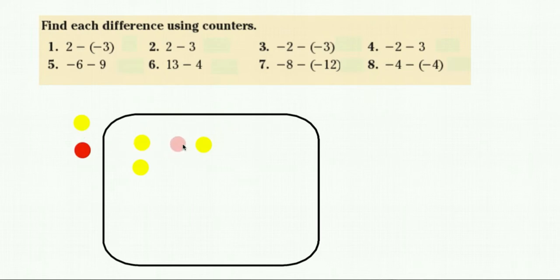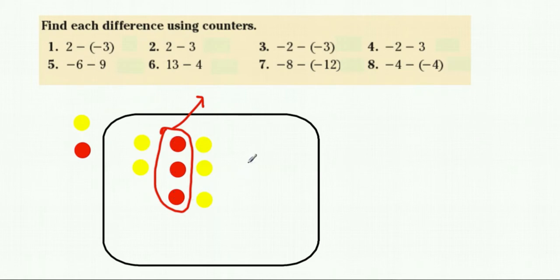Remember, when you add a zero pair, you don't change the number. Now we can get rid of 3 negative counters. If you notice now, 2 minus -3 will be positive 5.